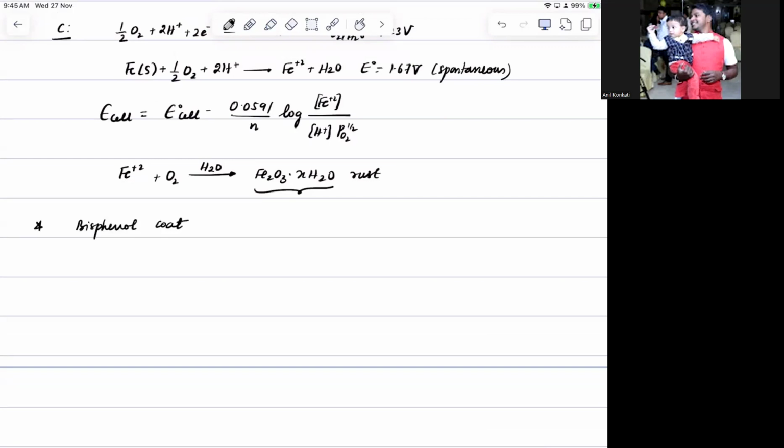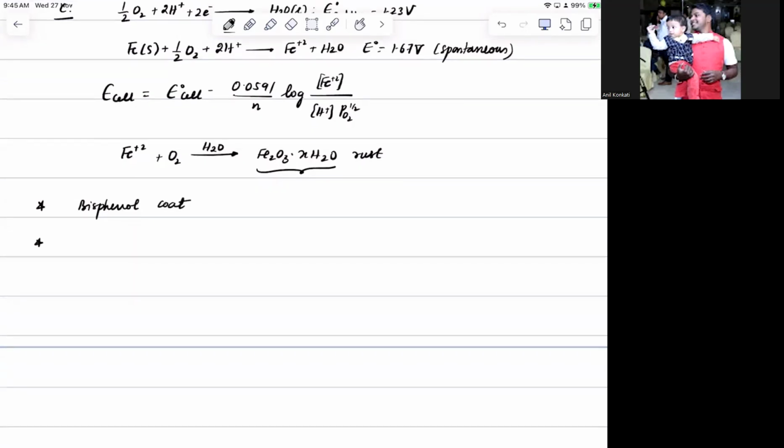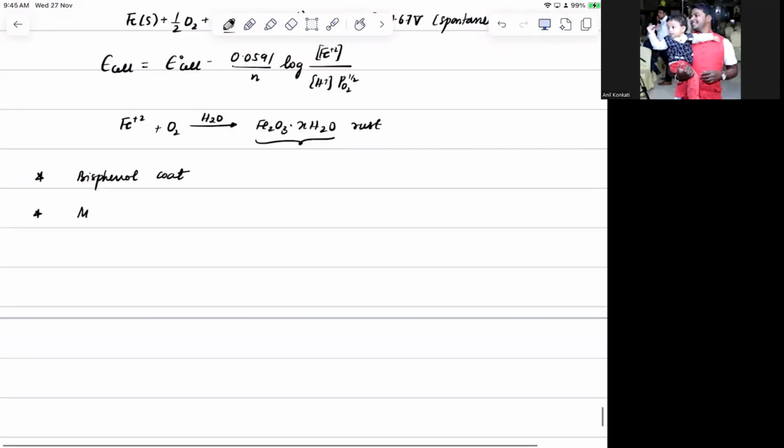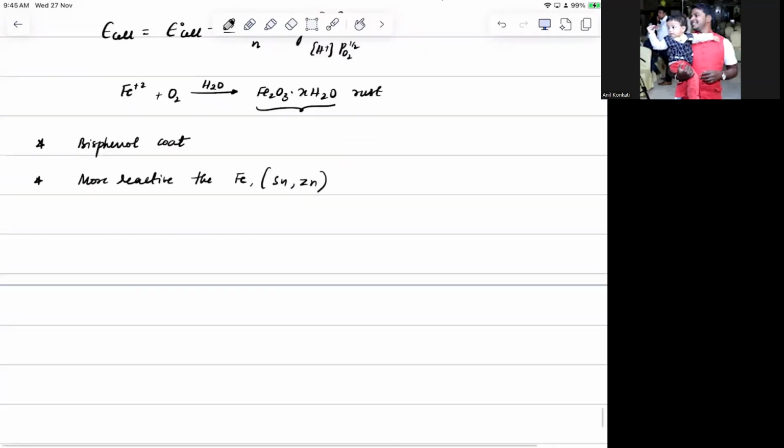Got it? Another method we can use is to cover the surface with another metal which is more reactive than iron. That includes zinc, mainly. What will they do? They'll sacrifice themselves over the iron.